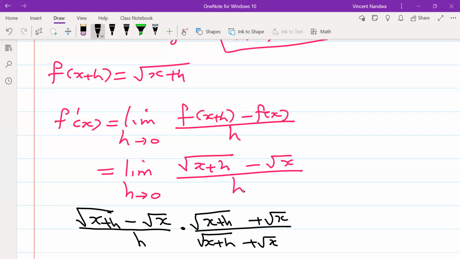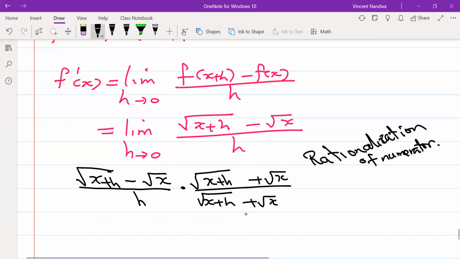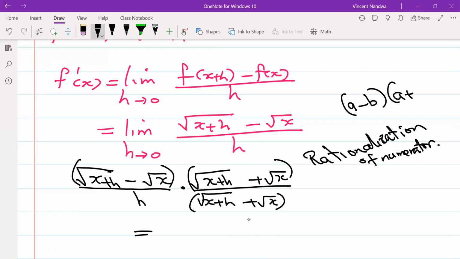What we are doing here is rationalization of the numerator. Just remember, it is of the form a minus b times a plus b, which must always give us a squared minus b squared.